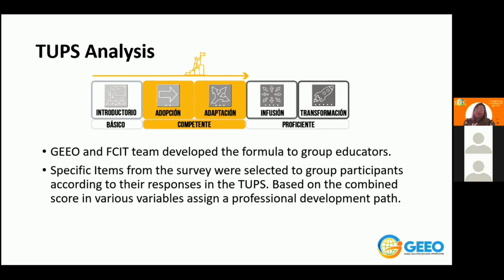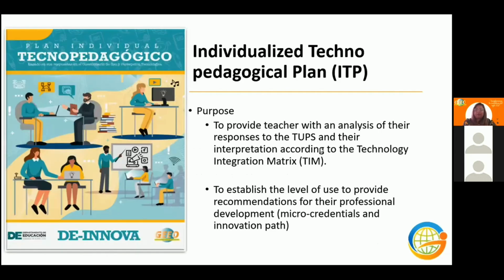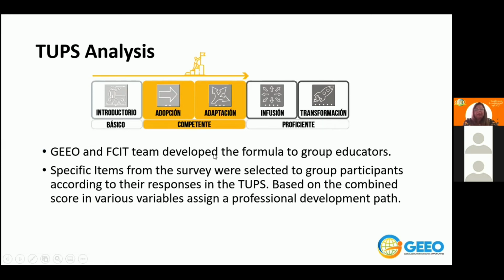However, because we had such a large database, we needed to figure out a way to tell the other vendor working in professional development how they would place the teachers into different groups. So specific items from the survey were selected based on how likely a person is to choose one thing but not the other. That's how we mapped what would constitute a teacher at an introductory level versus an infusion or transformation level.